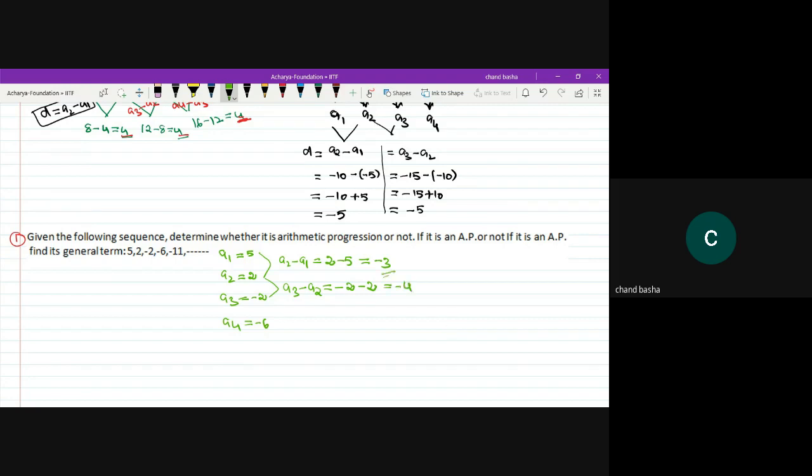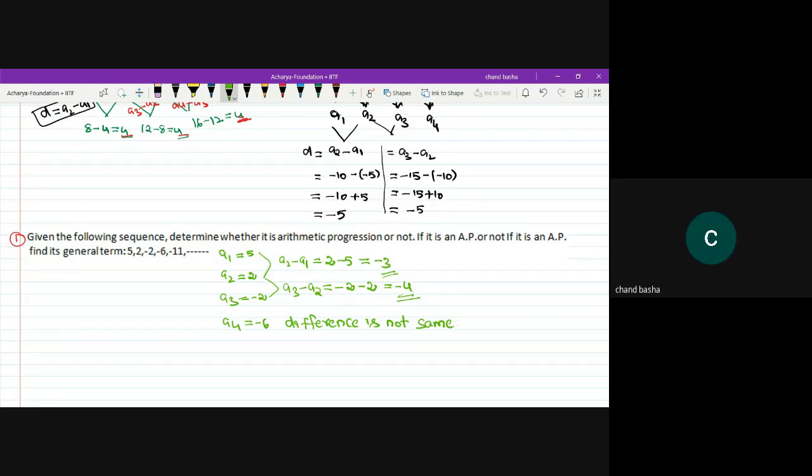So this value is -3 and this value is -4. The difference is not the same. Sir, only if the difference is the same are they in arithmetic progression.